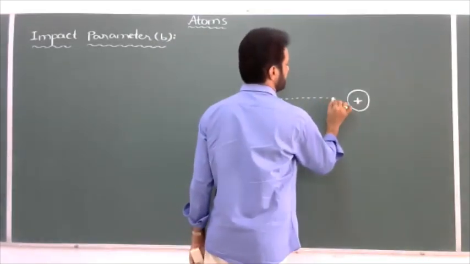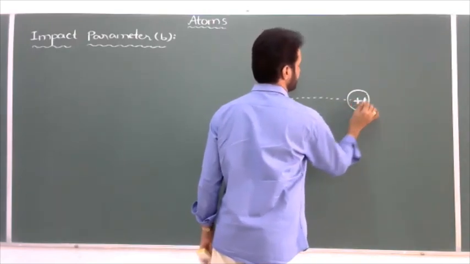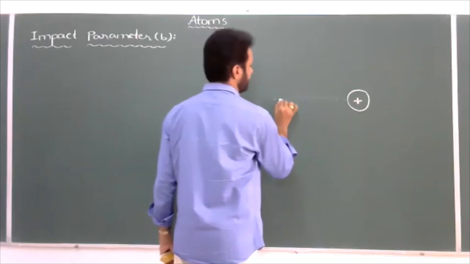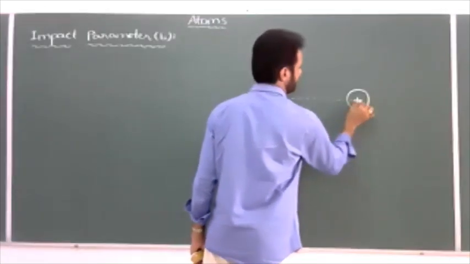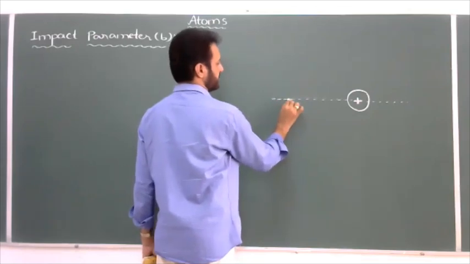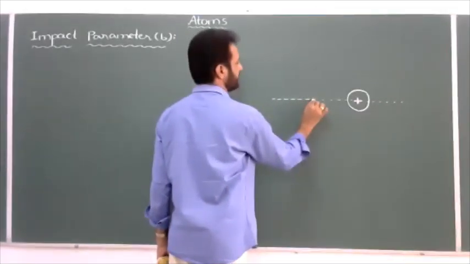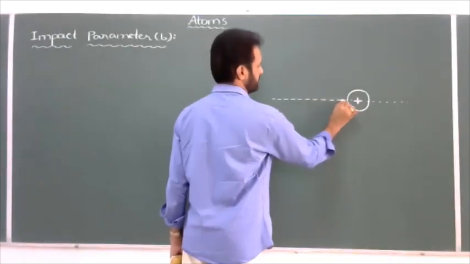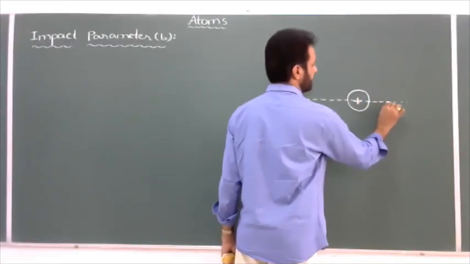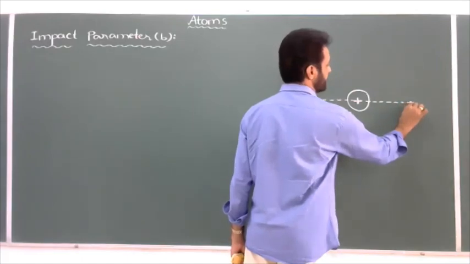The positive charge represents the charge of the nucleus, and the line appears to be passing through the center of the nucleus.